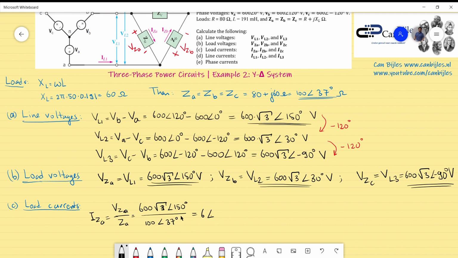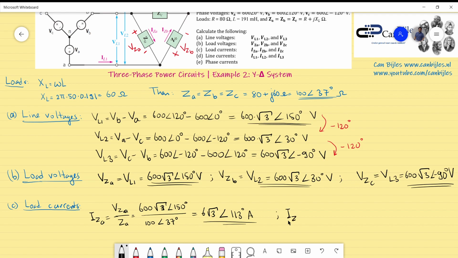We already know that, because you divide the amplitudes and you subtract the phases, so you will have 600 square root of 3 divided by 100, and you will have 150 degrees minus 37 degrees. So that's actually the expression we need. So we have the 6 and the square root of 3, that will result in 113 degrees in amperes.